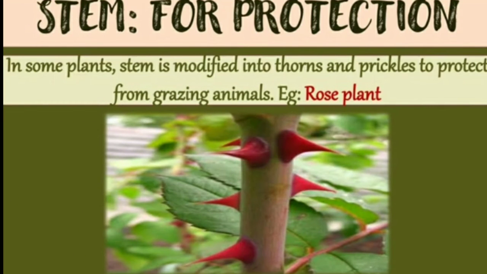In some plants, children, the stem is modified into thorns and prickles to protect from grazing animals. For example, a rose plant. You must have seen that a rose plant has thorns on it, right? Basically, these thorns are present to protect themselves from the grazing animals which eat those plants.